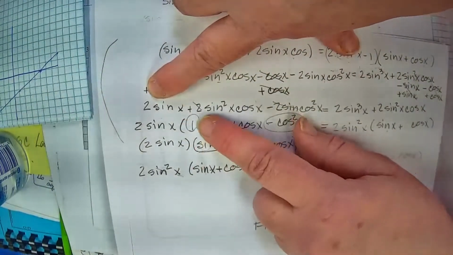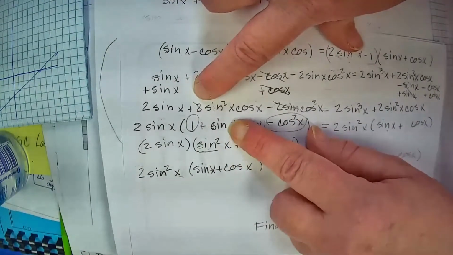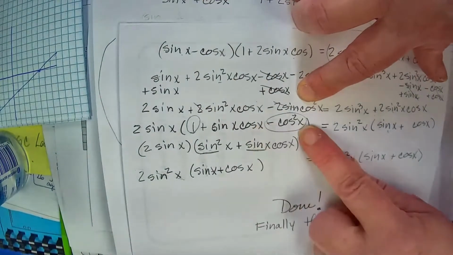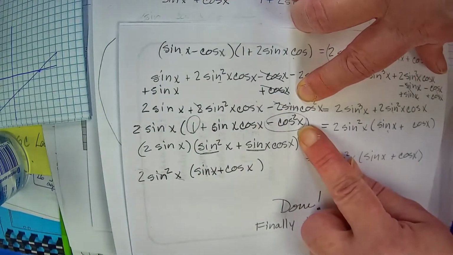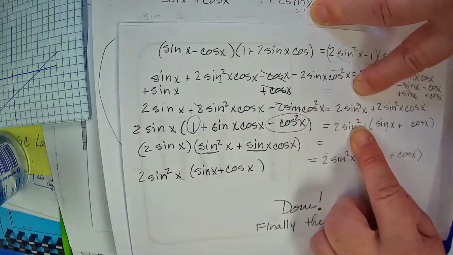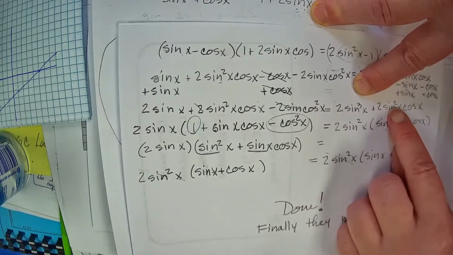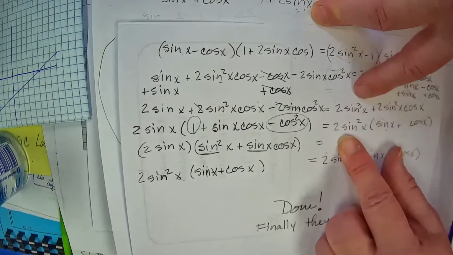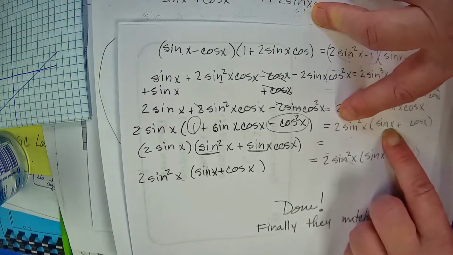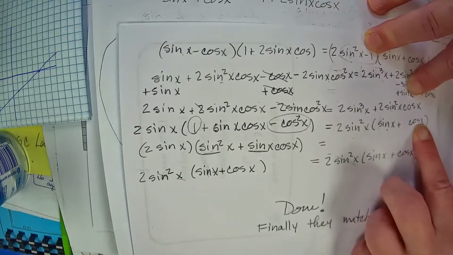That leaves us with a 1 there, a sine x cosine x there, and a minus cosine squared x there. Then over here, I pulled out a 2 sine squared x. When I pull 2 sine squared out, that leaves me with sine, and there it leaves me with the cosine x.